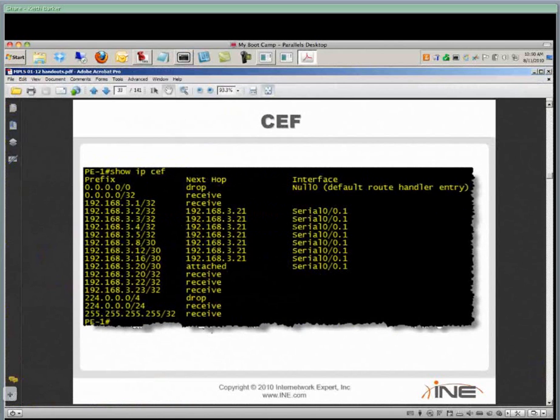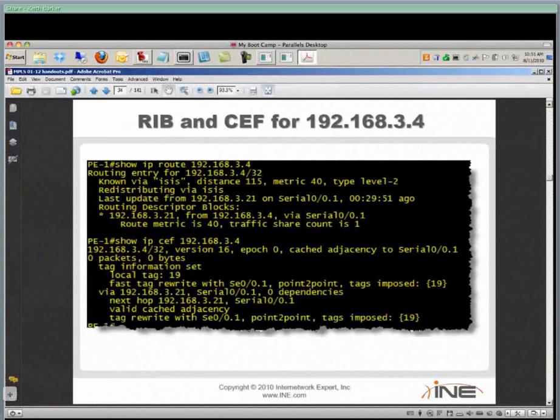The CEF table is the Cisco Express Forwarding table, and again, that's primarily for IP. However, we are injecting the actual tags as well so that we can be ready to forward traffic, whether it's tagged with MPLS frames or MPLS headers or whether it's straight naked IP. So if we go here, and let me get my slides all lined up. So here's LIB and CEF for one specific network.